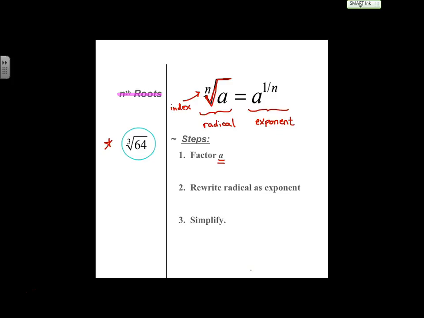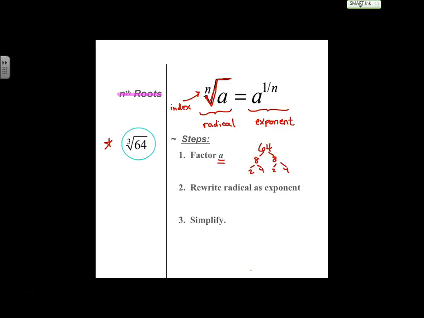In this example, the number under the radical is 64. Do you remember how to get the prime factors of 64? We break this up and say 64 is 8 times 8. Keep going. 4 times 2, 2 times 4.